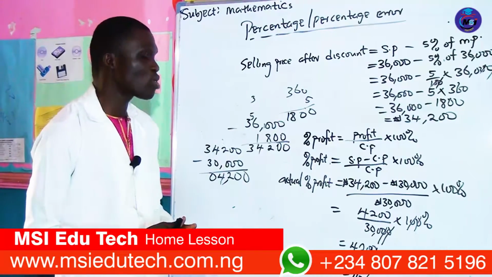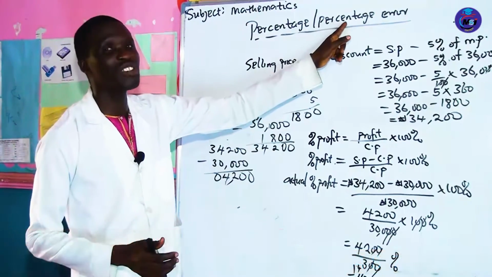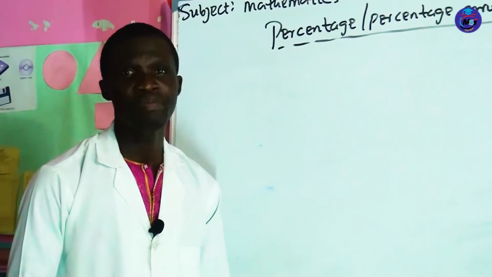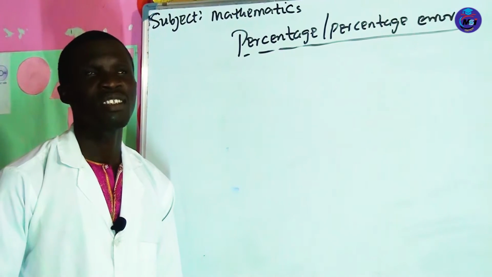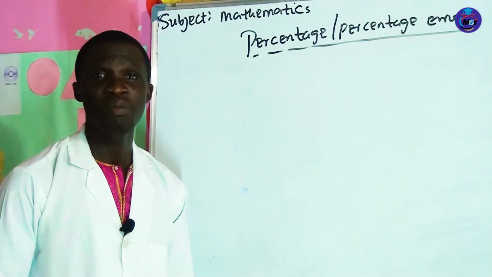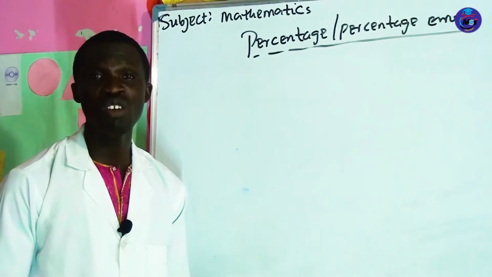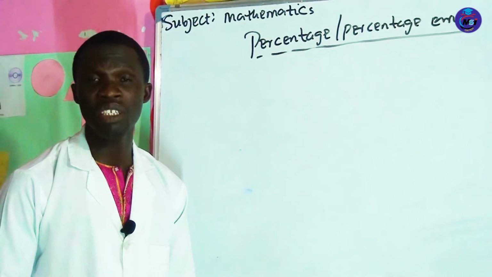Okay, now we are going to the last part of this class, which is percentage error. We want to consider percentage error. Think about someone asks you for a figure and you gave that person wrong value. Instead of saying 50, you say 60.